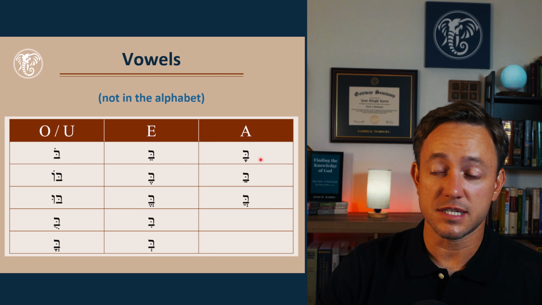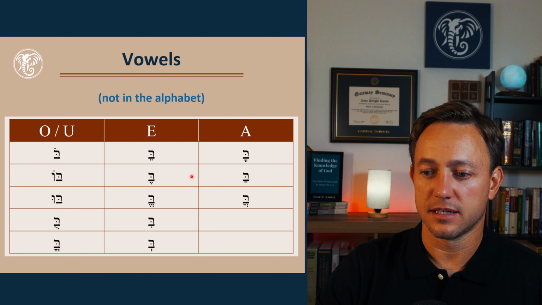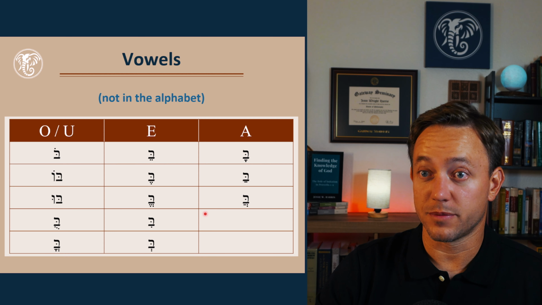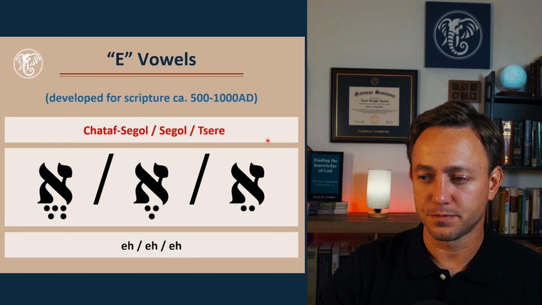And as you can see here, they are typically added beneath our letters, though there are a few that we'll see that are placed a little bit differently. So let's look a little more closely at our E vowels.